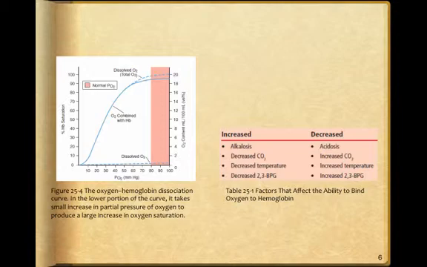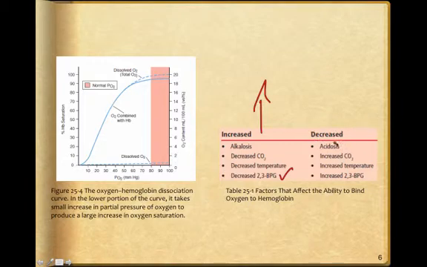That stands for 2,3-bisphosphoglycerate, a compound found in the body that enhances the release of oxygen. So if you have a decreased amount of this substance, 2,3-BPG, then you have an increased affinity for oxygen, and vice versa.